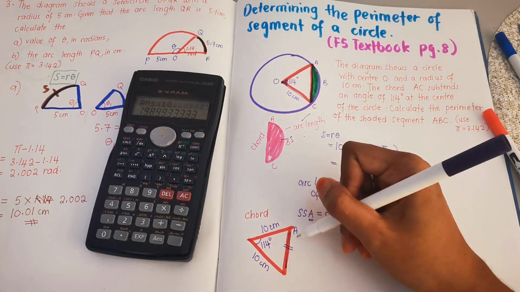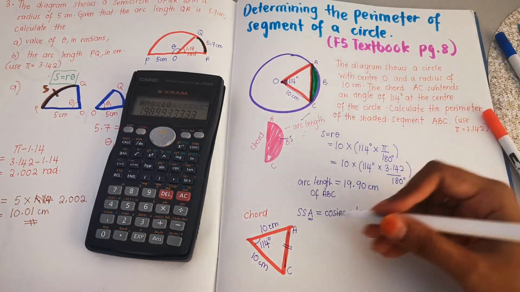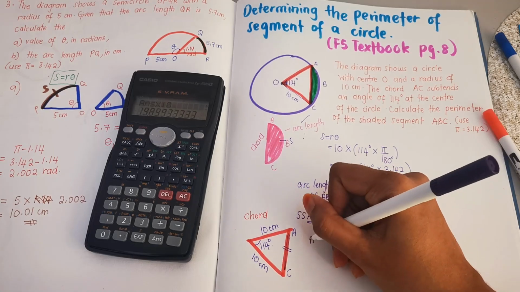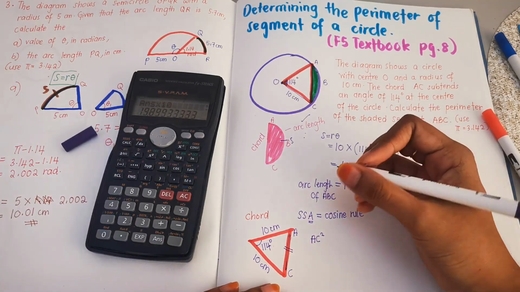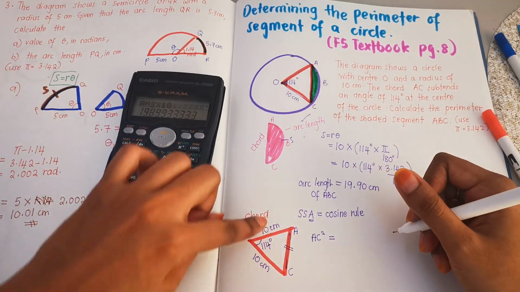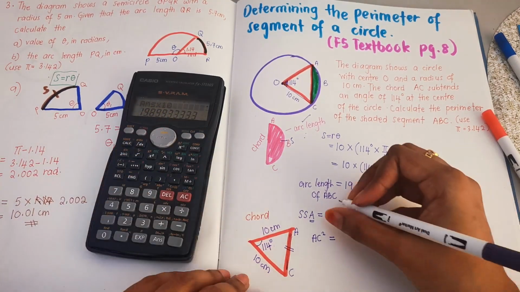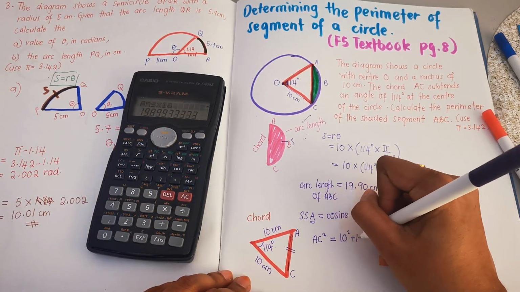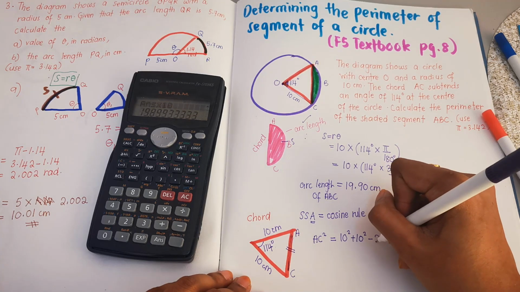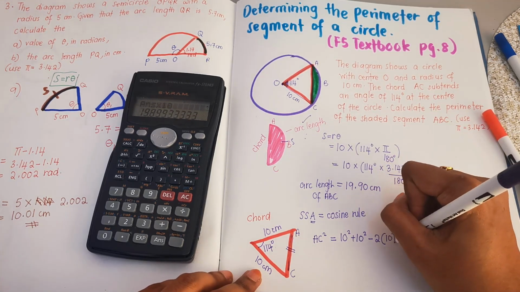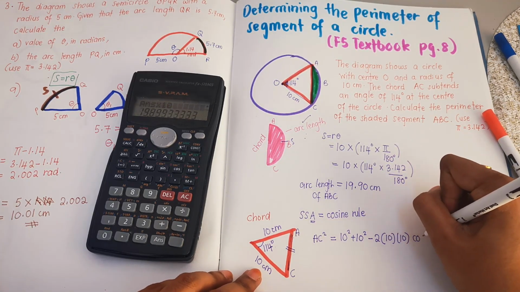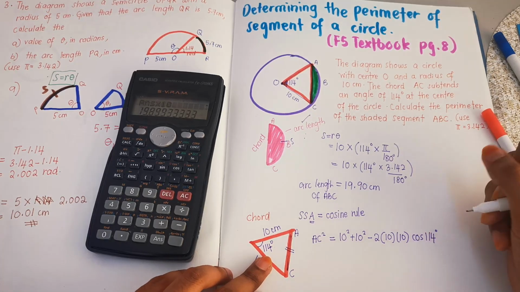This is AC. So we want to find AC, so we must write AC squared equals, take both the sides, 10 squared plus 10 squared minus 2 times 10 times 10, then cos of 114.